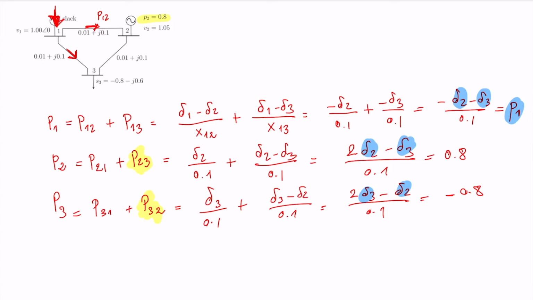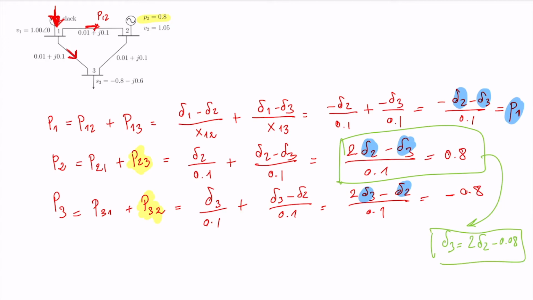Obviously, this can be solved in a systematic way. So here it's clear to have delta 3 equal to 2 times delta 2 minus 0.08, that I'm going to use to replace in here and to get delta 2.